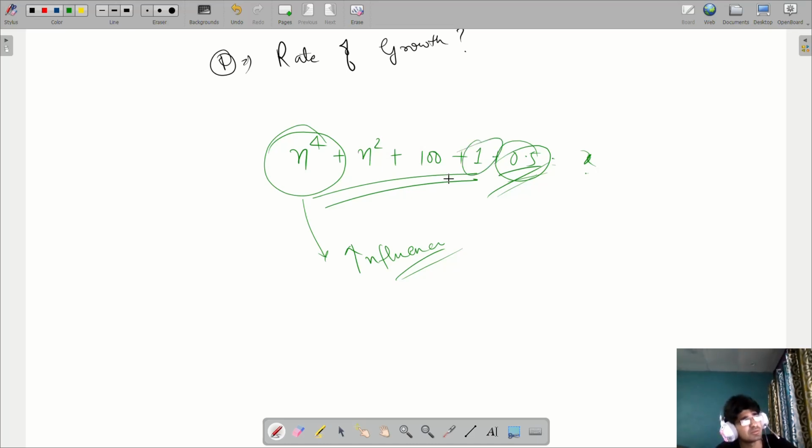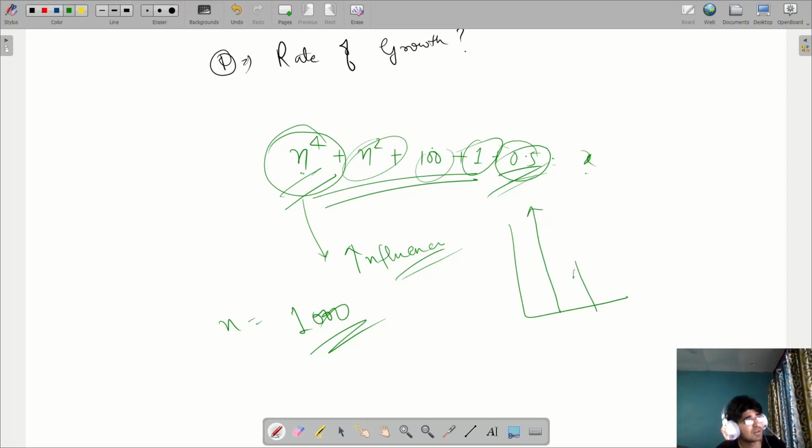Even if I removed this one, or the 100, let's say the value of n is 1000, when I compare the terms, I would see the influence of n to the power 4 is relatively very high. The other terms, like the 100, really won't matter. So this is what we are talking about, rate of growth, which actually influences the solution more, right? That is what we are trying to look for.